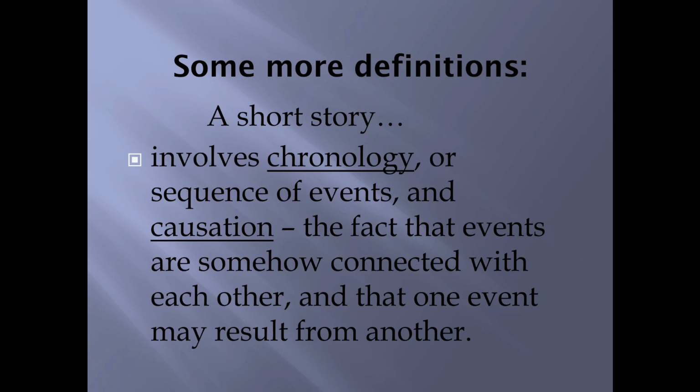So it happens based on a certain order, and within this order there is a cause. Something happens because of something else. So there is a chronology and then there is a causation. So they are connected with one another. Okay, so that is what we call a short story.